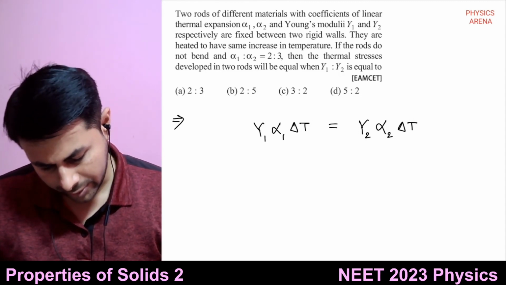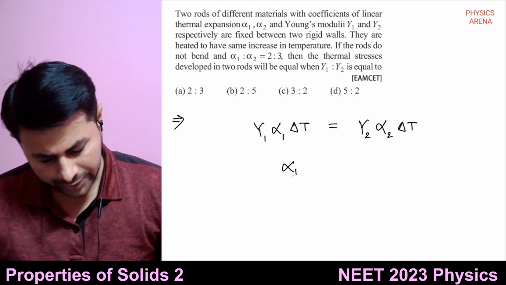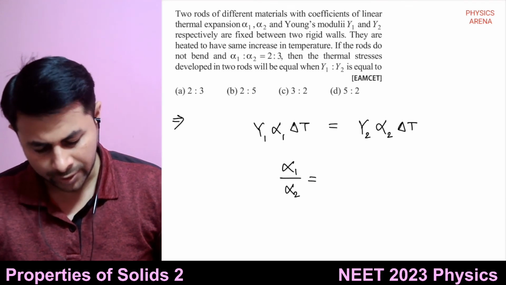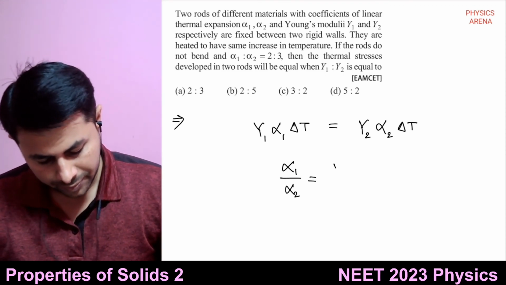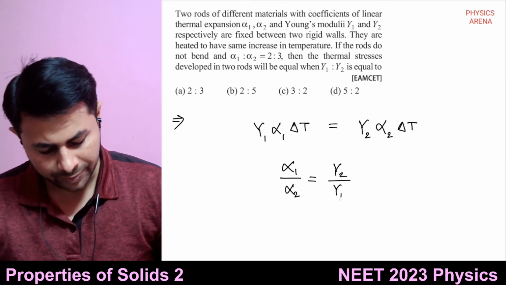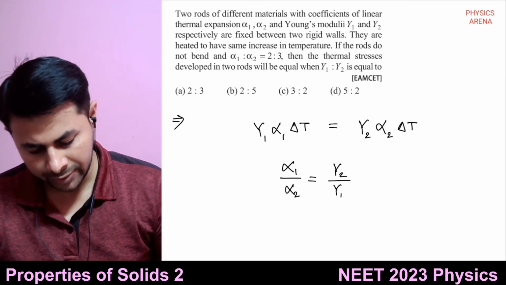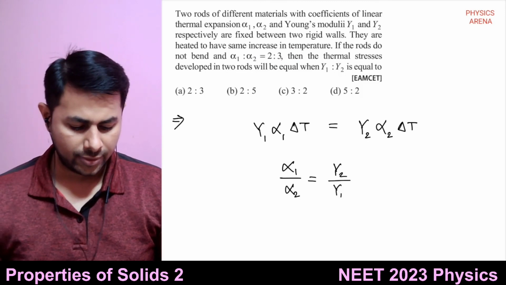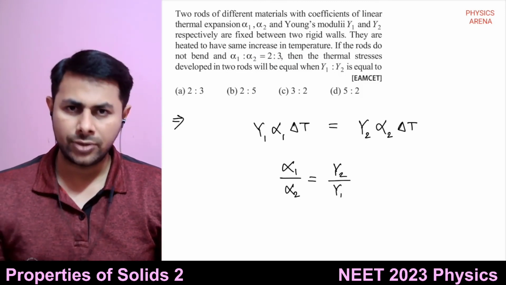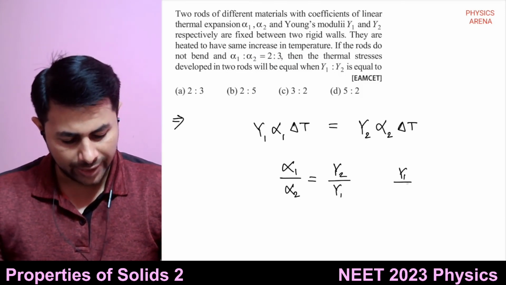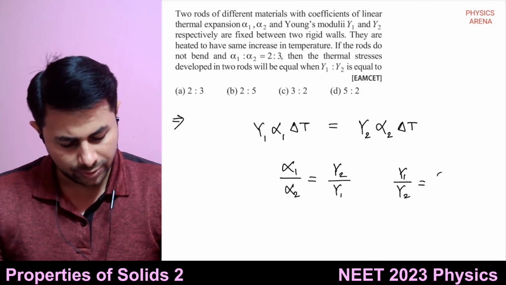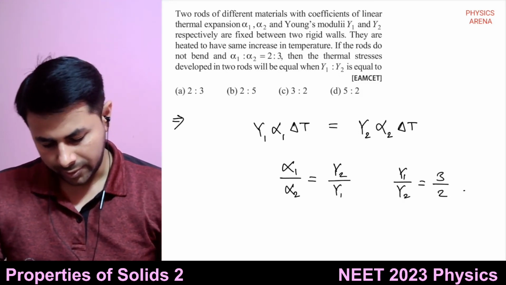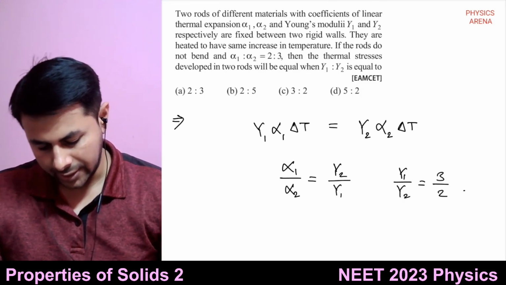Okay, so we have alpha 1 is to alpha 2 equals to y2 is to y1, and this is given. This alpha 1 is to alpha 2 is 2 is to 3. That means y2 upon y1 is 2 is to 3. So y1 upon y2 equals to 3 is to 2. Okay, option C is the answer.